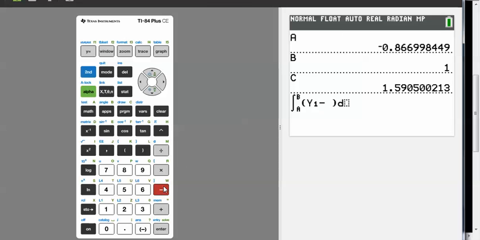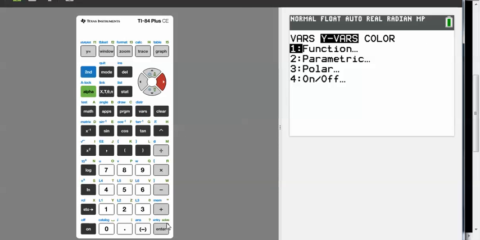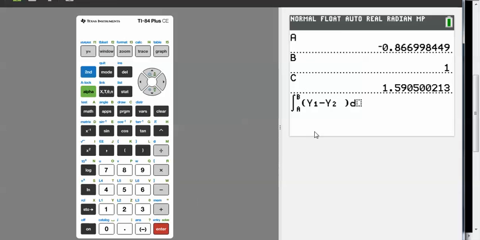That's my height, right? y1 minus the one that was below it, y2. And the width is dx. So that's the area between A and B.